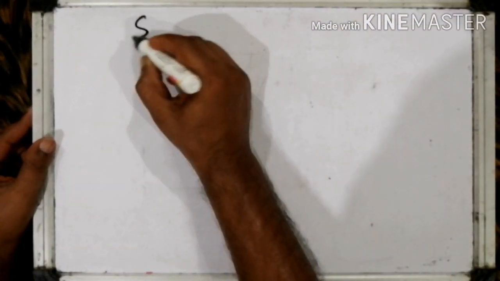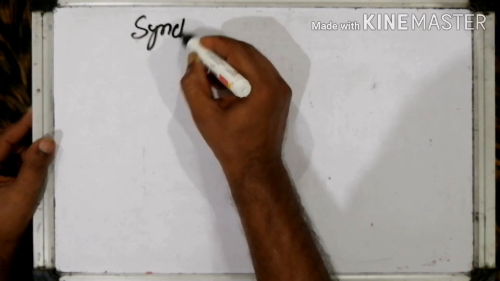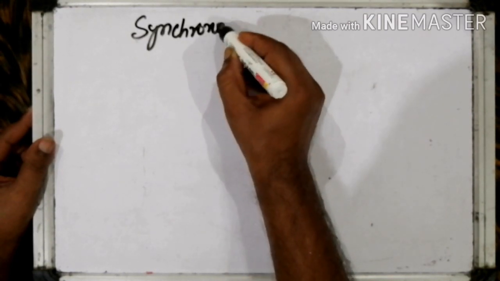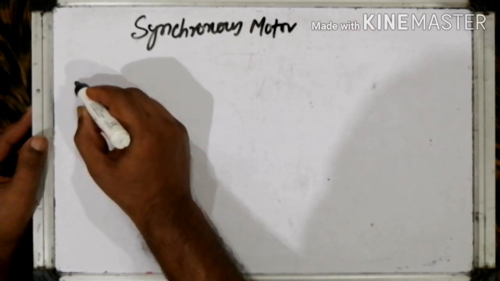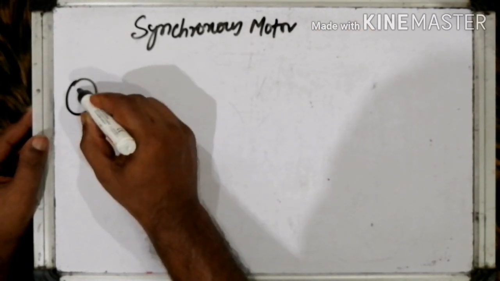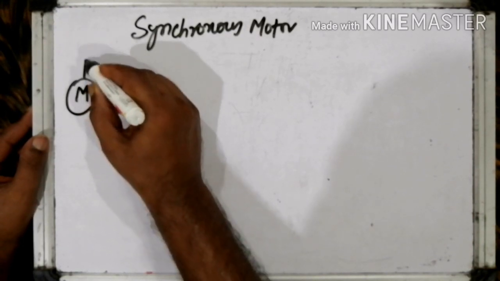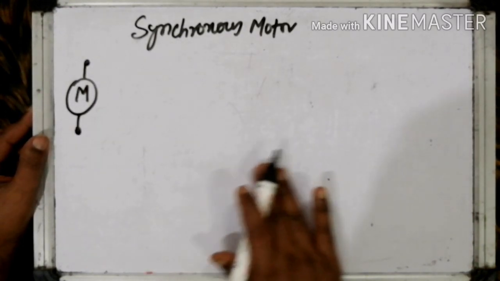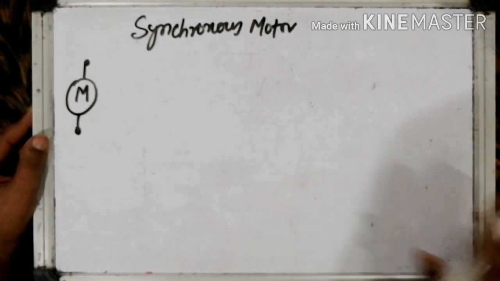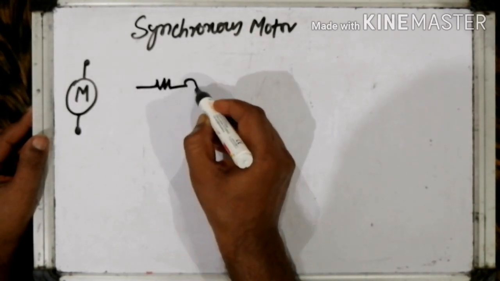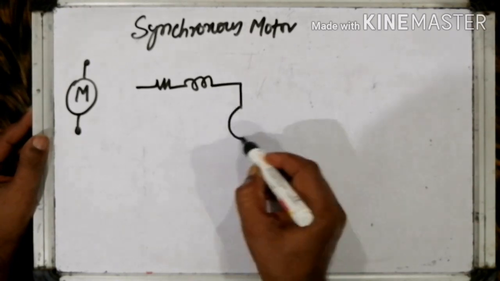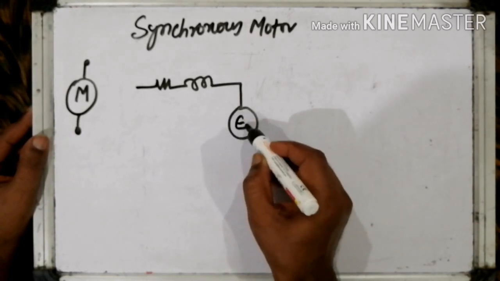The next component is synchronous motor. What is the symbolic representation? It is like this. Now in the case of the actual diagram, this one is the resistive part, inductive part, EM.